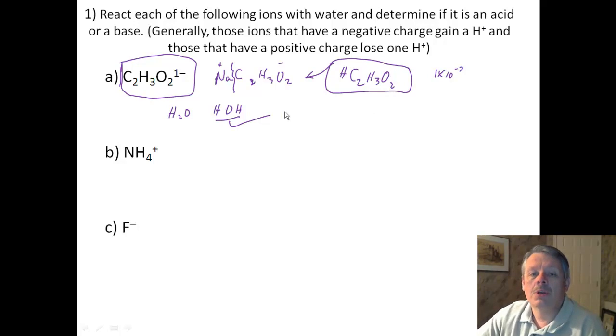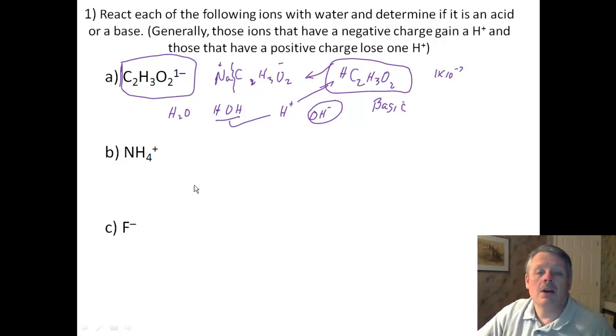So what we're talking about is you get some H plus ions in there and some OH minus ions in there. Well, if the H plus ions are sucked up by the C2H3O2, the acetate anion, they disappear out of the water, which leaves an imbalance, and there are more OHs in the water than there are H's. So this would become a basic solution.